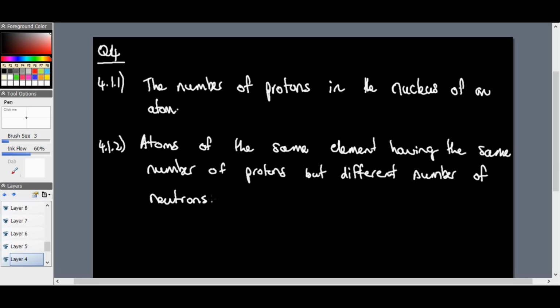Or another way to put that is atoms of the same element with the same atomic number but different mass number. In other words, they don't have the same mass number. Cool beans.